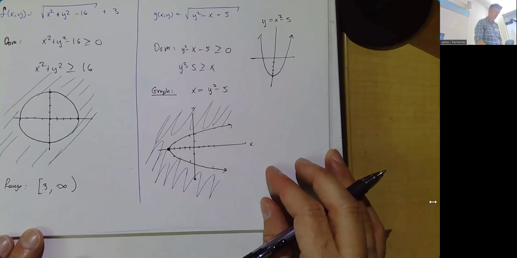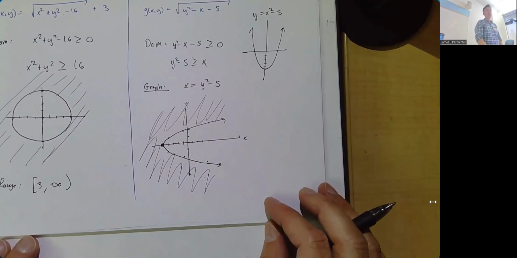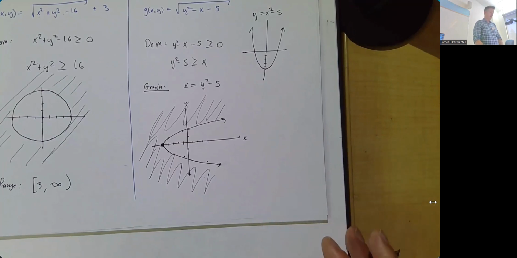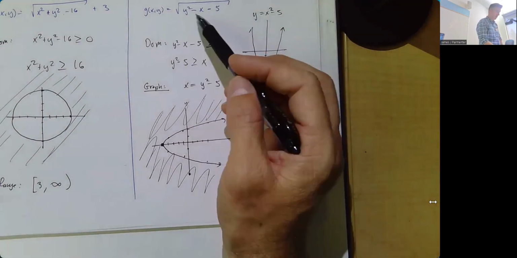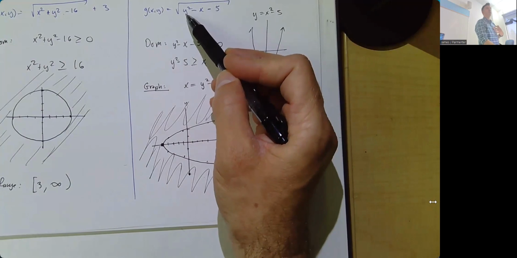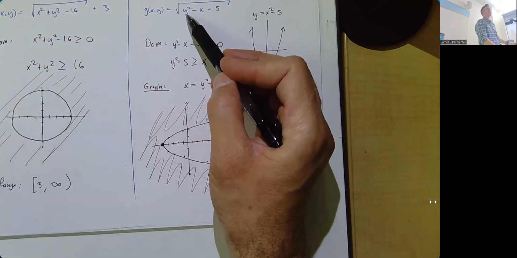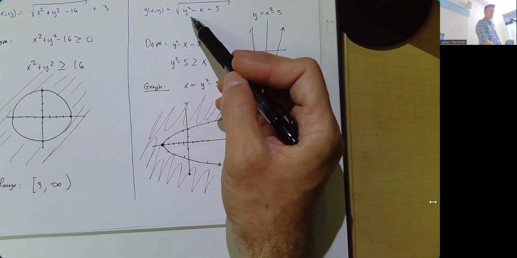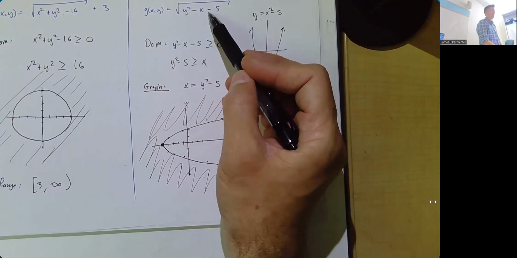Over here, I think the range is actually going to be very similar. The smallest this can be is 0. I'm just picking points that make it work, just to see that I can. I don't really have to, but if Y is 0 and X is negative 5, 0 plus 5 minus 5 is 0.